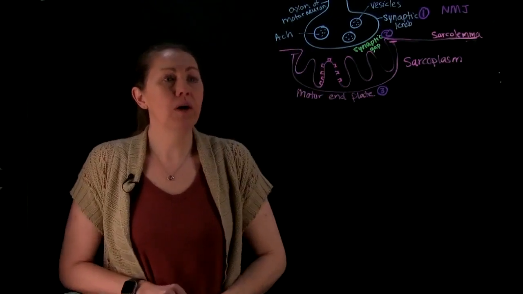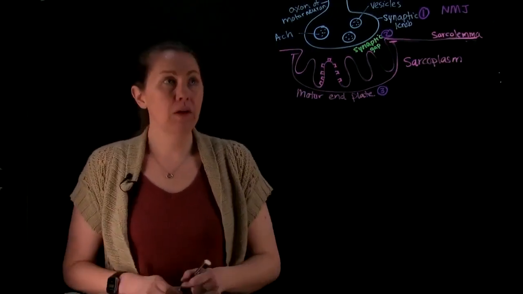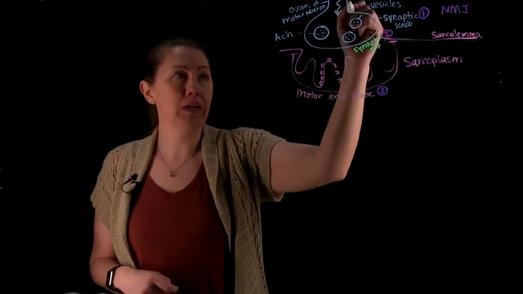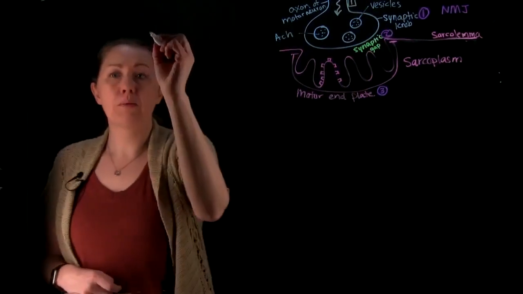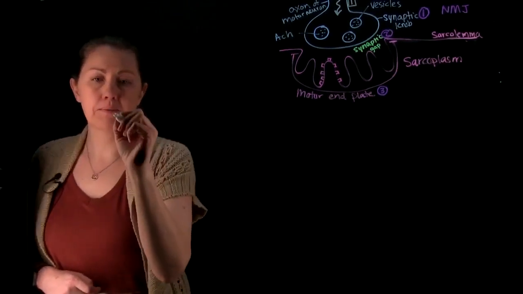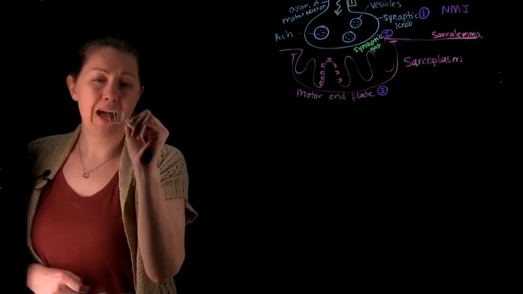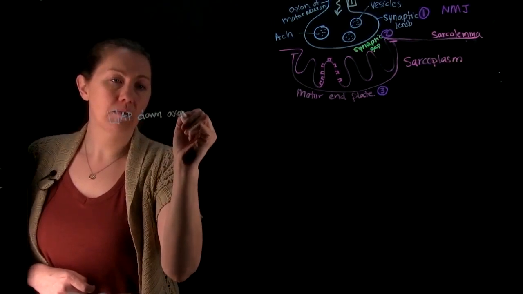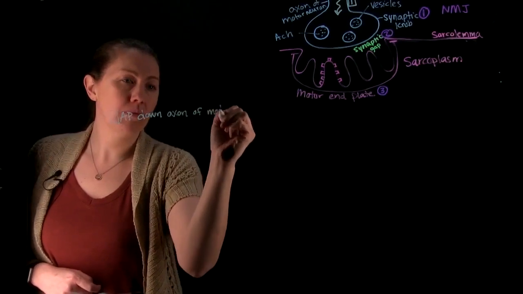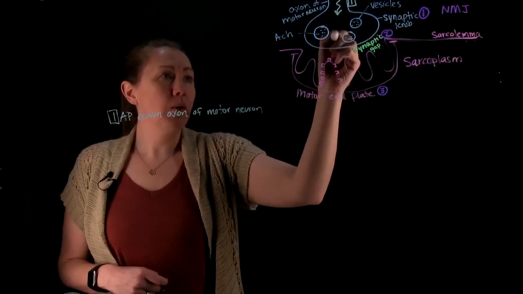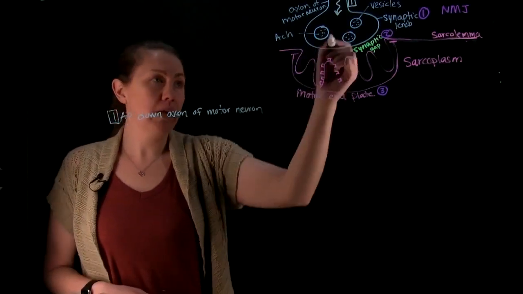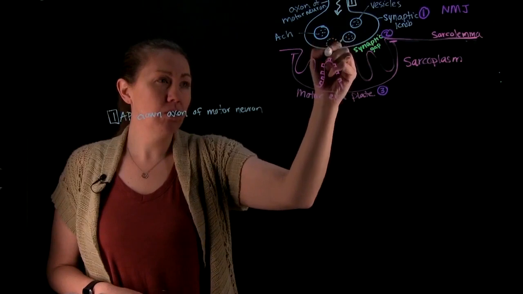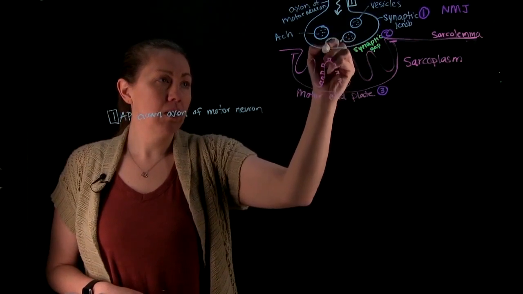Now we're going to walk through the steps. So let's start with the signal that comes down that axon. So we're going to start with number 1 over here. So our number 1, I'll put it right here, is an action potential goes down the axon of a motor neuron. Then we're going to get those vesicles to release acetylcholine. So what will happen here is our little vesicle is going to go to the edge and fuse with the cell membrane.